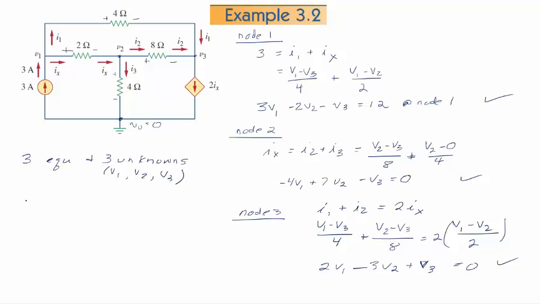I have a choice here. I can do process of elimination to solve. That's solving for one variable at a time and substituting it into the other equations. A bit tedious. Hopefully you all remember how to do that. Or I can use Cramer's rule again.